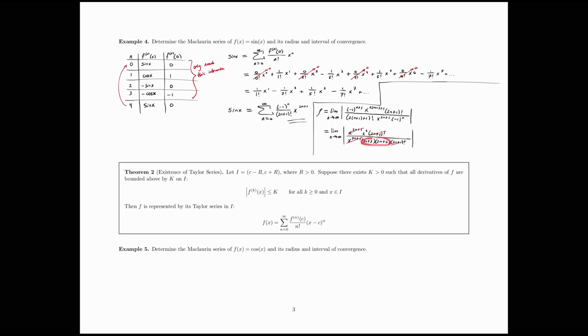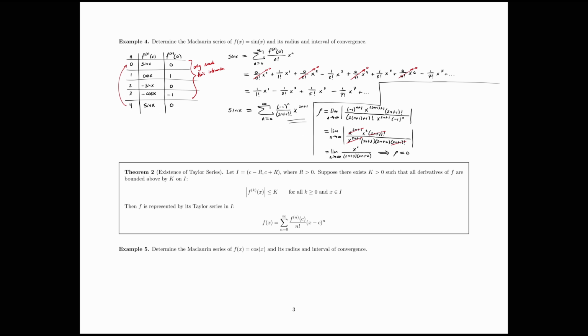So we have the limit as n goes to infinity of x squared over 2n plus 3 times 2n plus 2. This, of course, is 0. So rho is equal to 0.